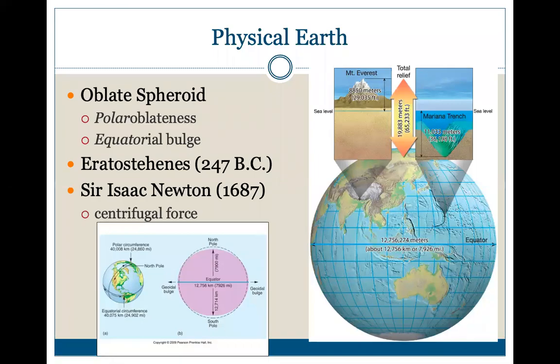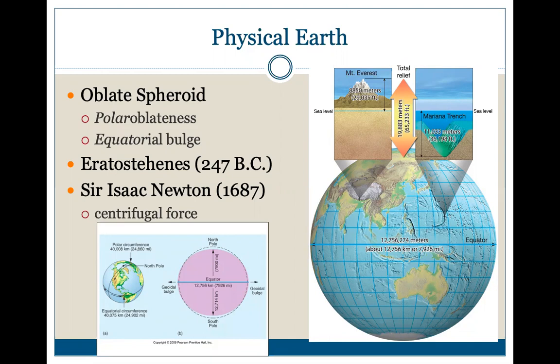Hello, class. We are continuing with Geographic Basics, Introduction to the Earth, and this is the second half of the lecture. So we will begin with looking at the physical Earth, and the physical Earth is not actually a complete round sphere.